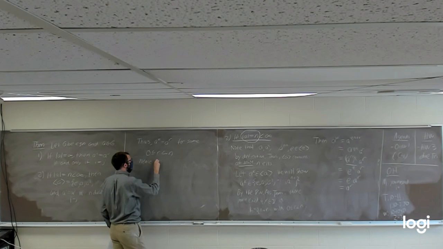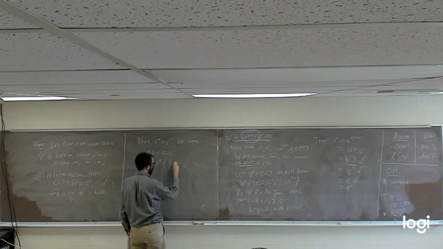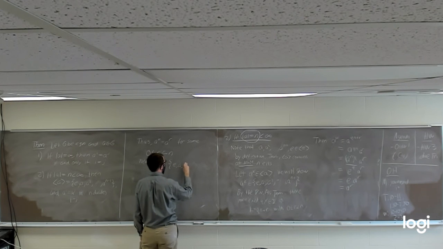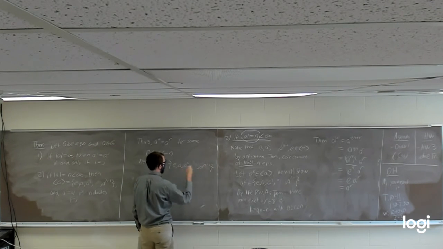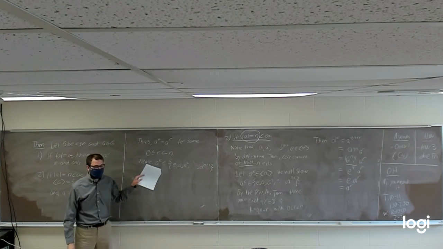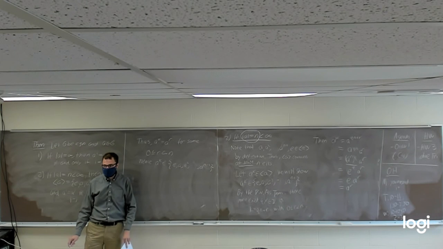Hence, A to the K has to be contained in the set A squared up to A to the n minus 1, because R has to match the exponent of one of these powers of A in this set.